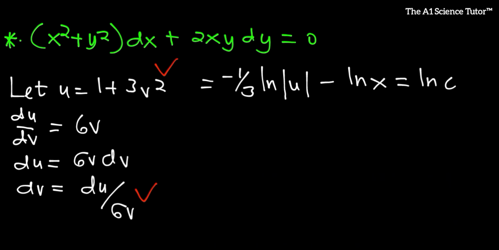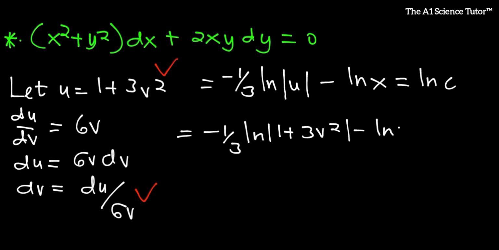Now we know what u is, right? u is actually 1 plus 3v squared. So this is actually going to be 1 over 3 ln, so this is ln of 1 plus 3v squared. And so this is minus ln x. This is ln c.